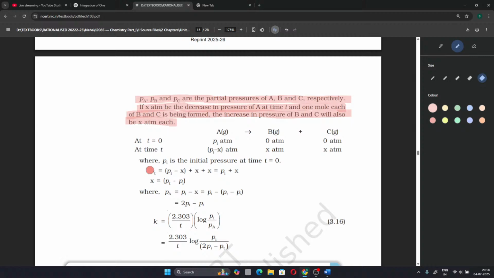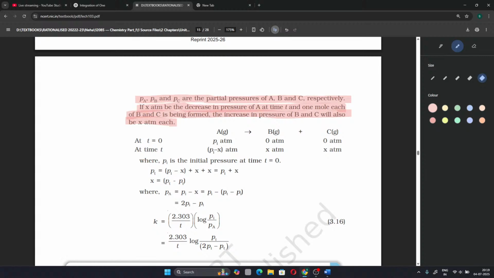Basically, at time equals 0, the total pressure will be Pi, which equals the pressure of A at time equals 0, P naught A. But as A continues to dissociate, it will lose an x amount of molecules. So Pi minus x atm is the partial pressure of A at time t. Because it is giving two individual molecules, the pressure depends on both of them, and both have a pressure of x atm.